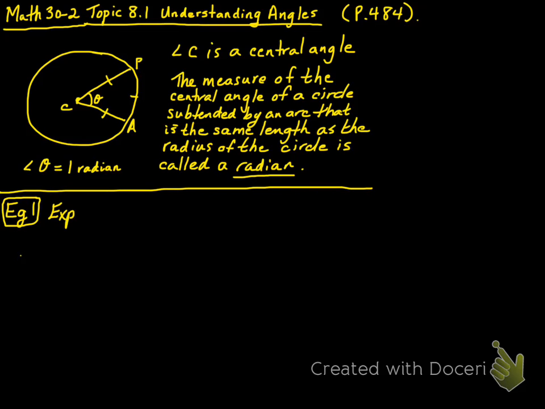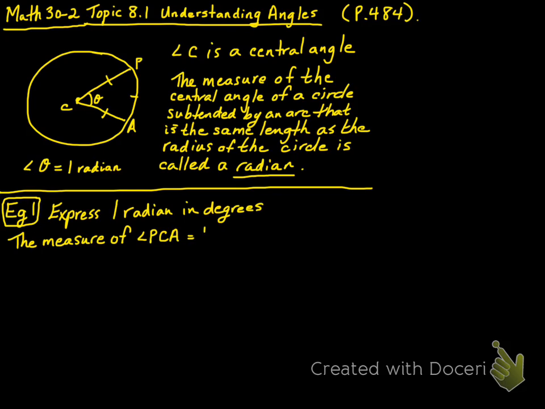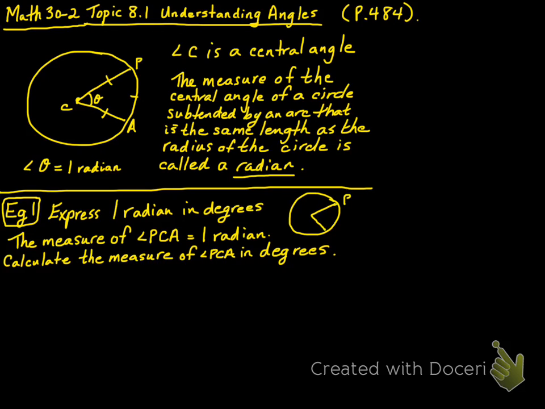In example 1, we're going to express 1 radian in degrees. The measure of angle PCA is said to be 1 radian. Now, if we calculate the measures of PCA in degrees, you're going to see that it's going to be part of a circle.